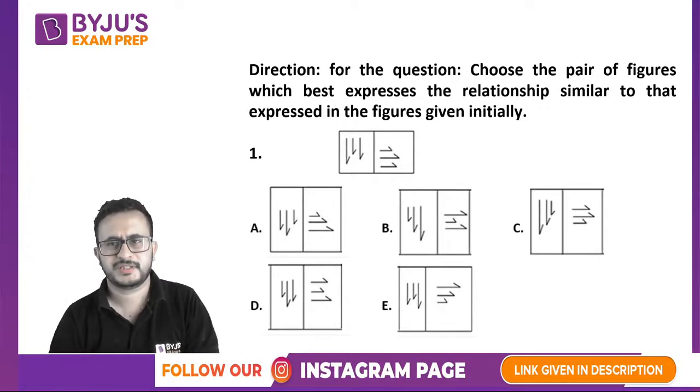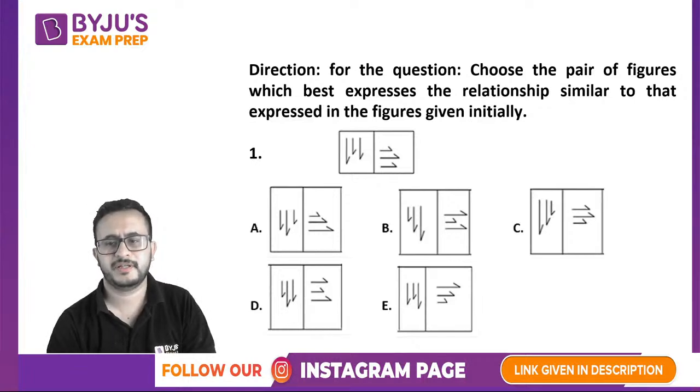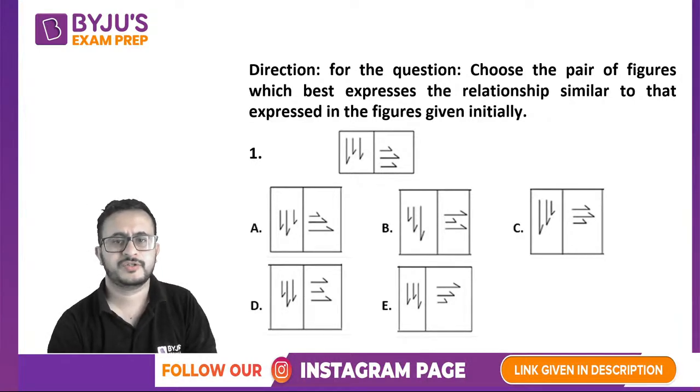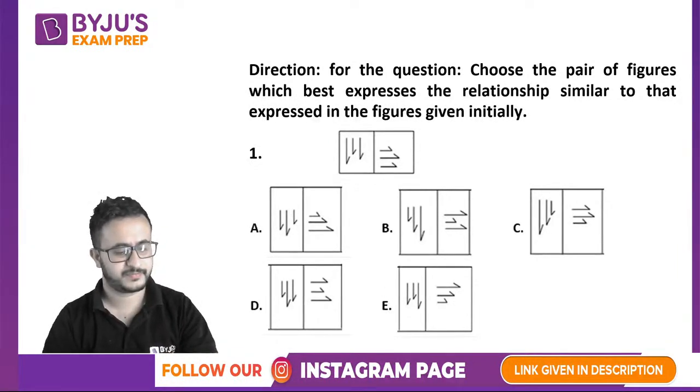So here's the first question. You have to choose the pair of figures which express the relationship similar to that expressed in the figure given initially. So this is a figure given and we have to find which figure shows the right expression.